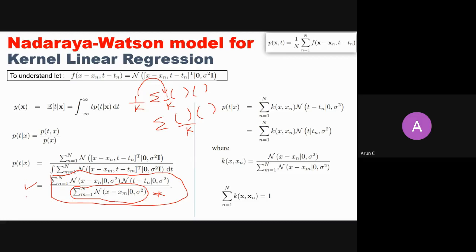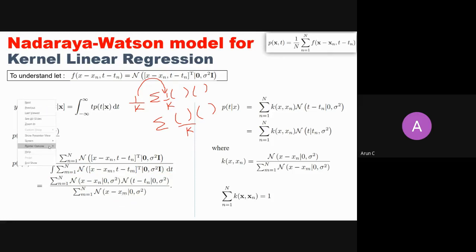So this term in the denominator is where you have taken this term inside the summation here, and it will be seen as the denominator under it.